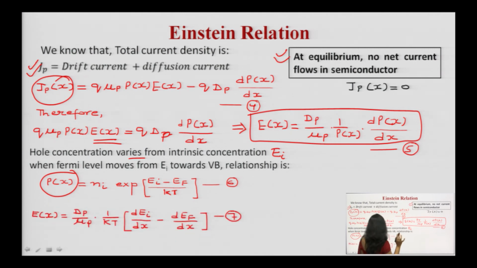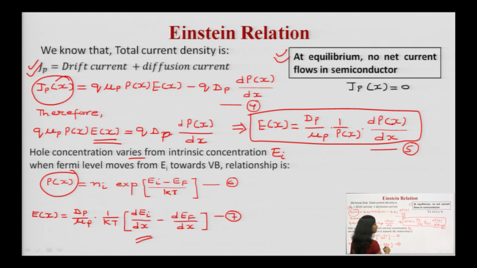You can check it out. Ex, which you are getting, this is what? dp upon mu p into 1 upon kT, and this term you are getting as d upon dx of EI minus d upon dx of EF. EI is the intrinsic level, EF is the Fermi level over here.